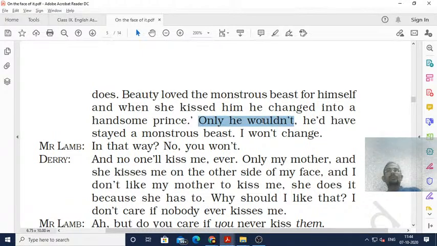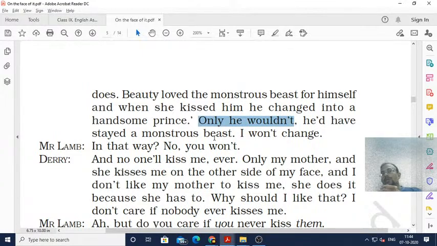So you can imagine what kind of inferiority complex Derry is suffering from. Derry says that even if beauty kisses me, I shall remain the same. Okay, he would have stayed a monstrous beast.